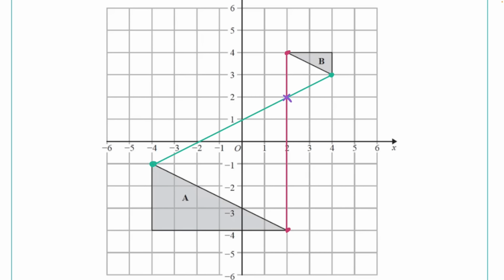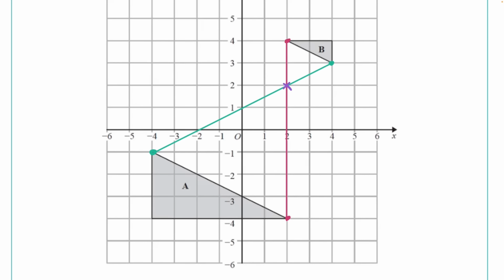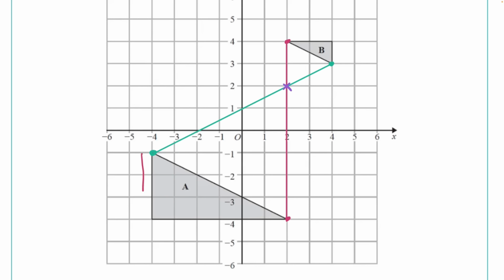So this is an enlargement, and we're going to write that first. So there's an enlargement by the scale factor. Now we're going to look at the shapes and figure out how much smaller it's got. This side here currently has a length of 3, and the corresponding side over here has a length of 1. So it's 1/3 of the size.